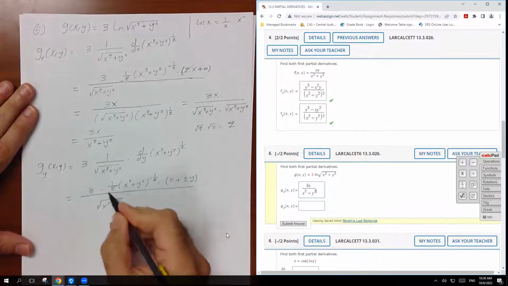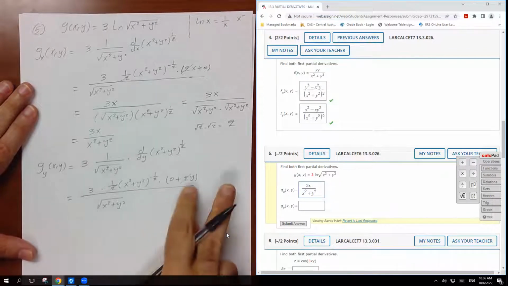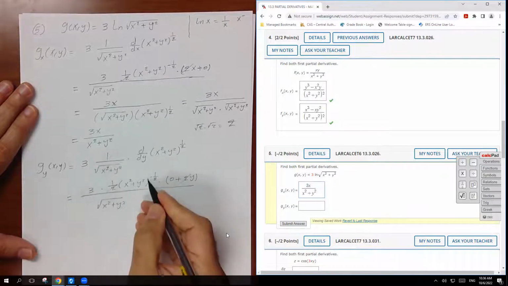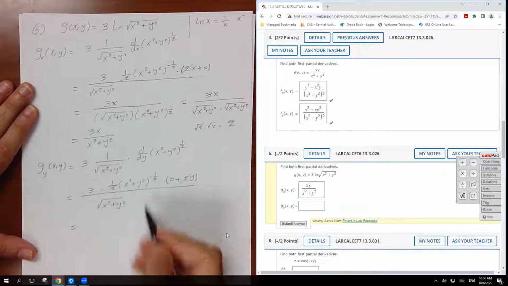So I'm going to cancel this one with this one, because 0 plus 2y is going to be 2y. So you can cancel the 2 with the 2. Bring down this; the exponent is going to be positive.